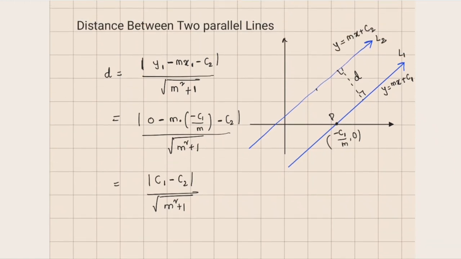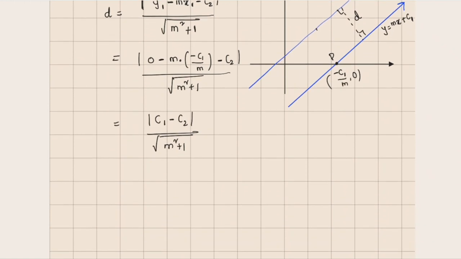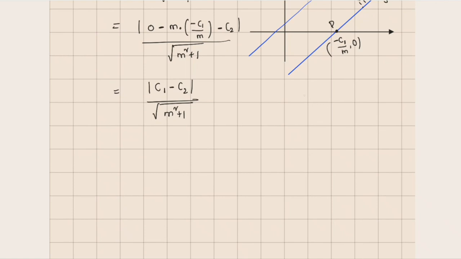So here we represented lines L1 and L2 as y equal to mx plus c, which is slope intercept form. Suppose it is the general form, which is ax plus by plus c equals to 0.